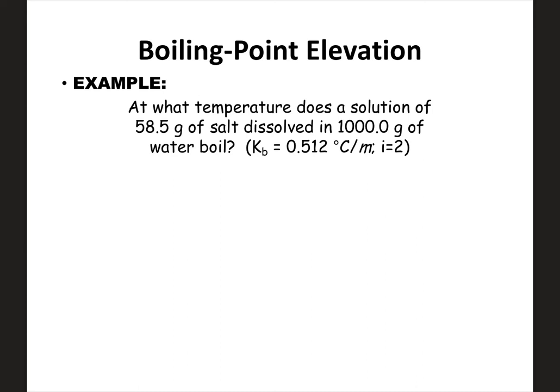So we know the equation we're going to use here is the change in temperature of the boiling point is going to be equal to that Kb times the molality times I. All right. So we have to work on solving for things that we don't know here. We know that we're trying to figure out the temperature that this is going to boil.